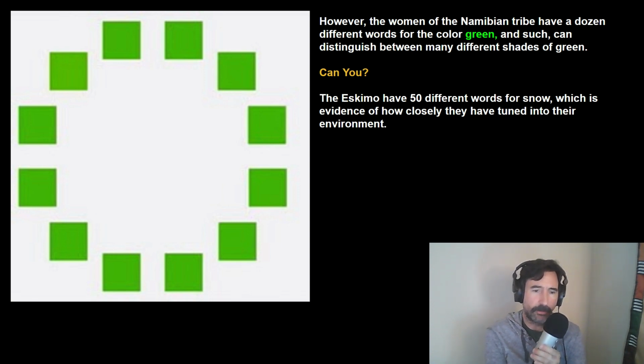There's many different types of snow, right? If you're a skier or snowboarder, you can probably recognize probably half a dozen, maybe up to a dozen different types of snow. There's slushy snow, there's powder, there's icy snow, there's crunchy snow, there's different qualities of snow.